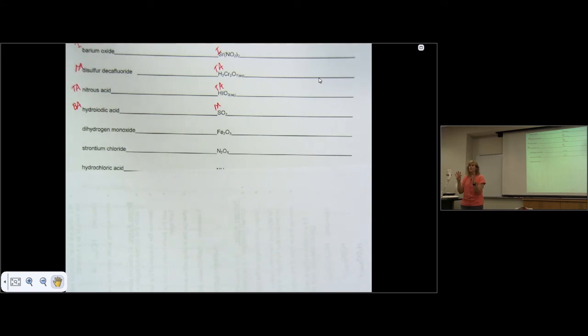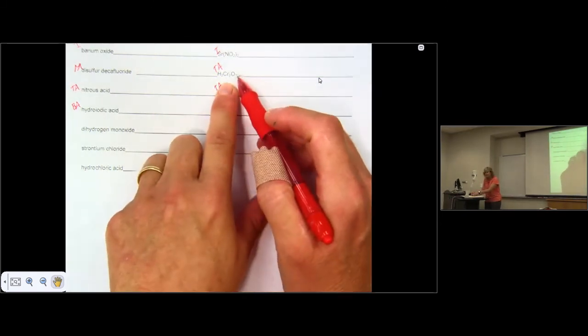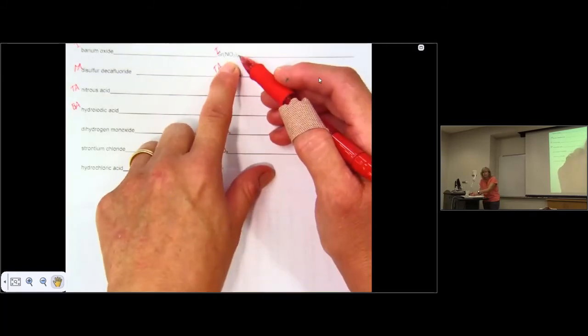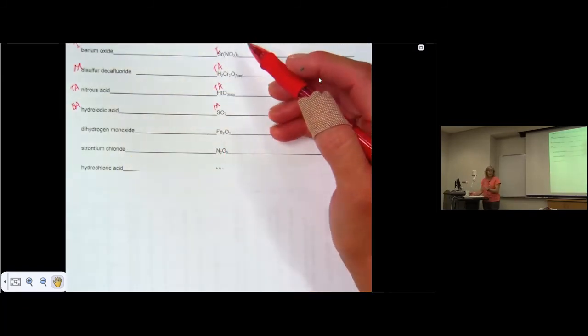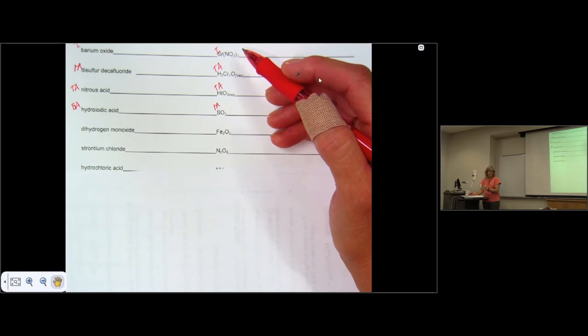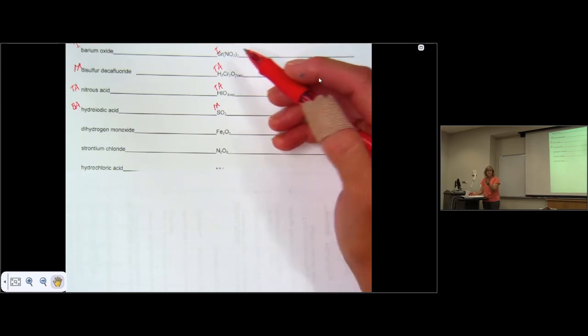Because ions aren't formed unless they have something to form with, which makes a compound. I'm only having this ion quiz so that when you see SO3 with something else, or Cr2O7 with something else, or NO2 with something else, you know what that is. Does that make sense? So never again after today will you have an ion that you have to tell me what it is. This is the only time.